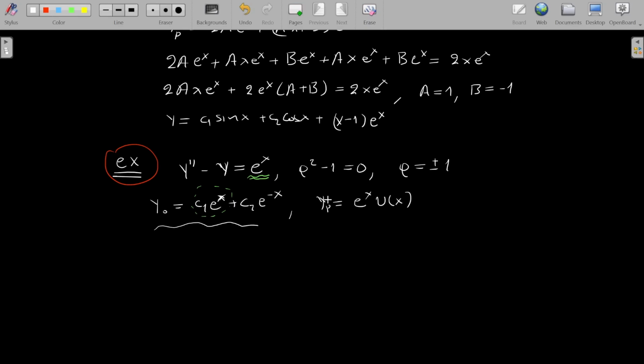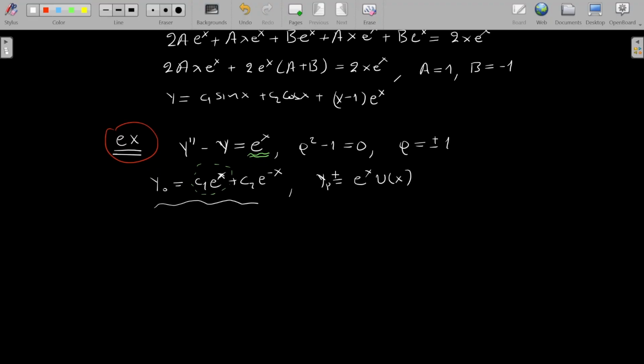In this type of differential equations, we say that there is a resonance of the non-homogeneous part with part of the homogeneous solution. So anyway, we're going to search for this kind of solutions.